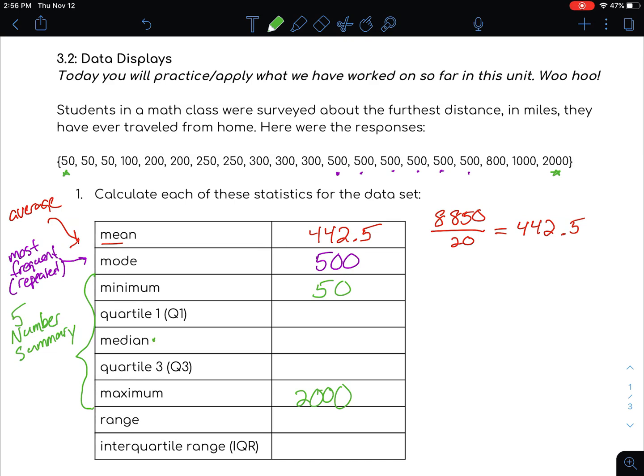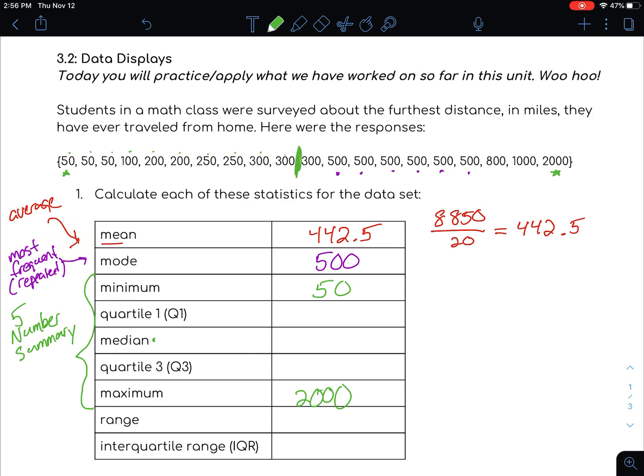And then, remember, what we do is we think about what the median is next. So we'll do the median of the overall group. Now, there are 20 numbers here, which means that the median is going to fall between the middle 2 numbers, because it's an even amount of numbers. If there's 20 numbers, it's going to fall between the 10th and the 11th number.